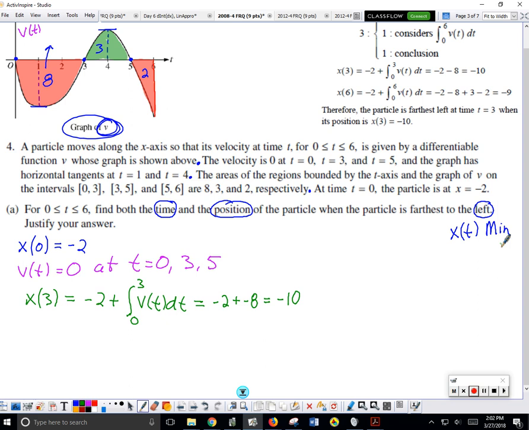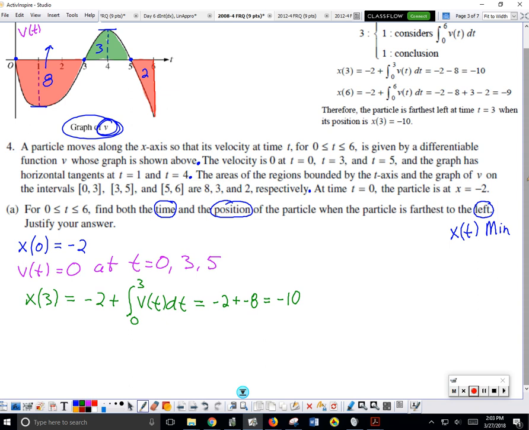It didn't change, it didn't have a relative min there, it just went down. Now I am checking at some places where the graph was going up, which I know is not going to be there, but I have to justify it somehow. So I either have to justify via a sentence or an integral. I just prefer the integral because I can see it's going to be so easy. But your sentence could have been because it's going from positive to negative.